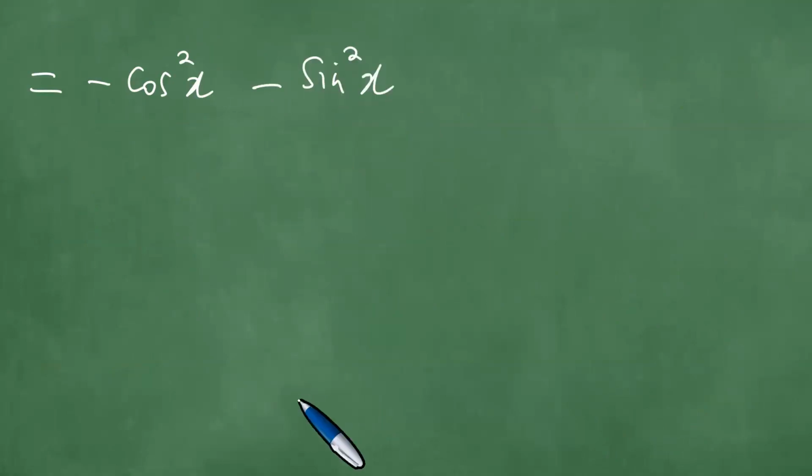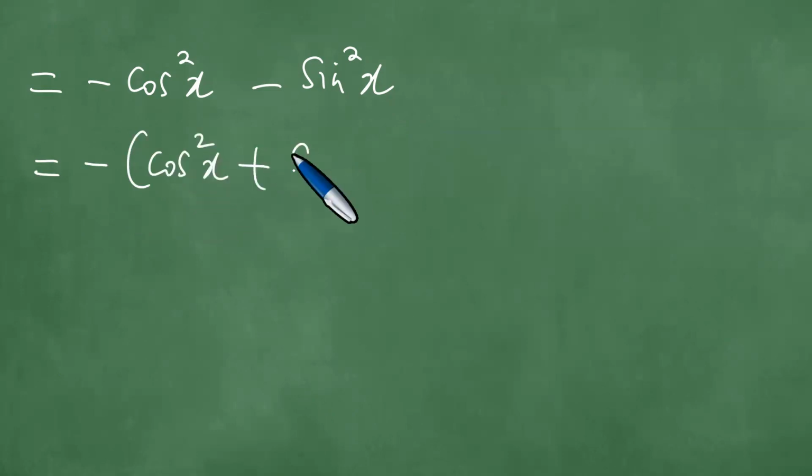How do we simplify this, Tando? We factor out the negative, correct? And we have cosine squared plus sine squared. Then what is the answer? The answer is exactly minus 1, and we are done.